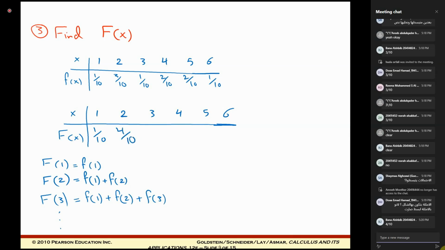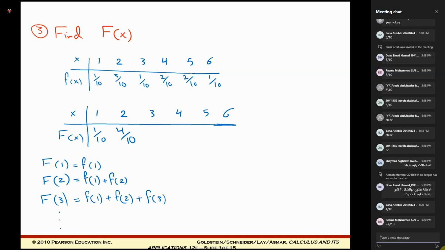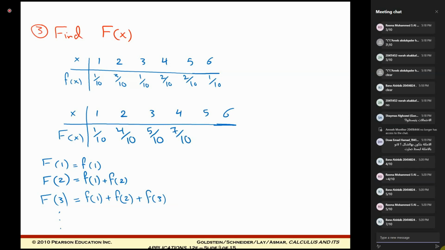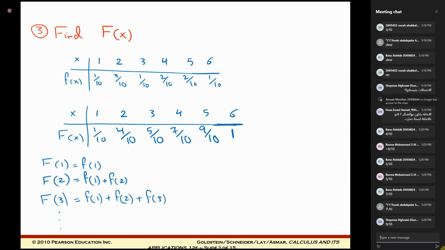Good, Bana. Capital F of 3 equals 4 over 10 plus 1 over 10, 5 over 10. At 4, 5 over 10 plus 2 over 10, 7 over 10. Plus 2, 9 over 10. At 6 it must equal 1. Last one must equal 1, 10 over 10. Okay, any question?